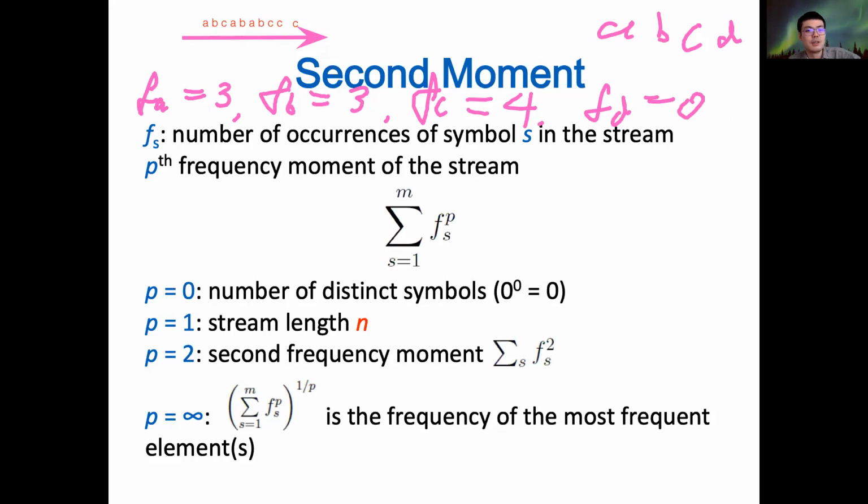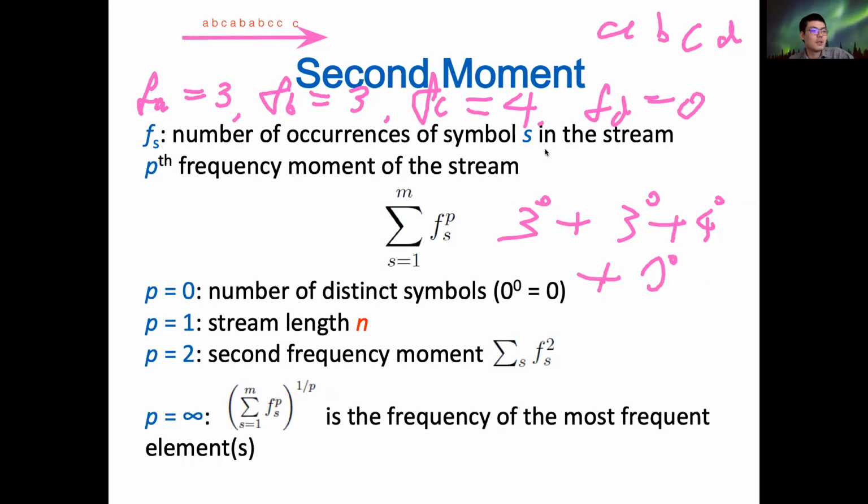Then what is the zeroth frequency moment? How do we compute it? It is, if A is nonzero, the power of 0 gives 1, plus if B is nonzero, plus if C is nonzero, plus if D is nonzero, which gives 0.